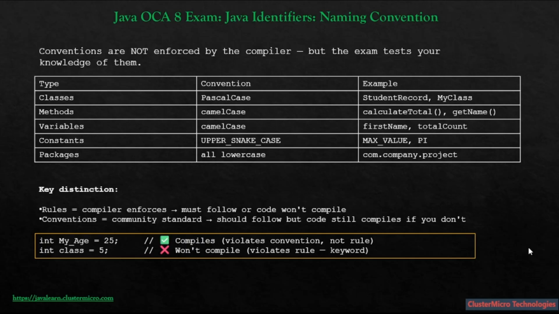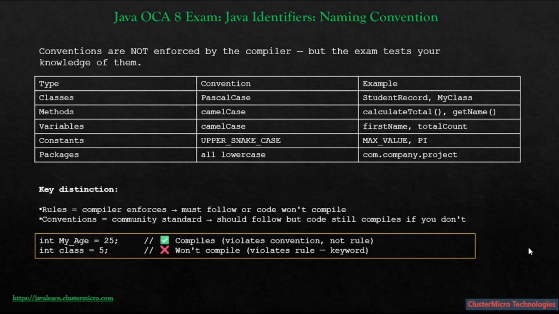For constants, we have to use UPPER_SNAKE_CASE. In that case, all letters will be uppercase, but you have to put underscores between words, like MAX_VALUE, DEFAULT_SIZE, like that. So that's called upper snake case. And for variables also, we use camelCase.